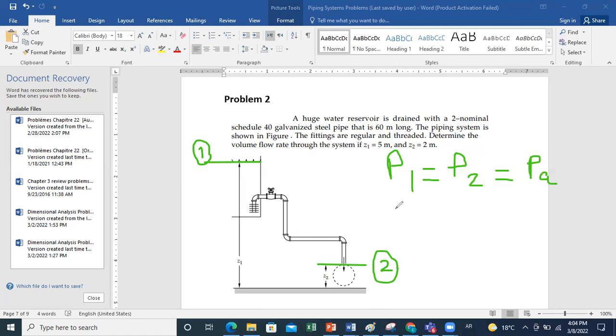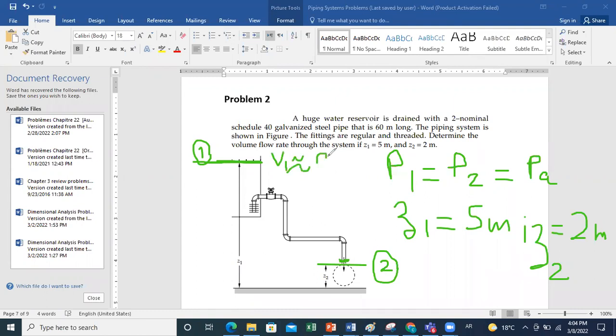Now, we know also the levels. Z1 is 5 meters. Z2 is 2 meters. And whenever you have a large reservoir, with a free surface and a section that is relatively much larger compared to the section of your pipe system, you can consider that V1 can be approximated by 0. Why? Because you have continuity. From the continuity equation, the mass flow rate is conserved.